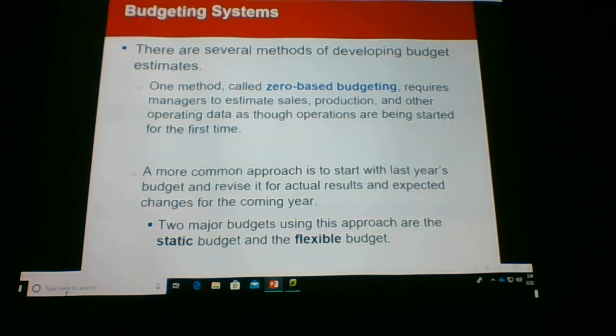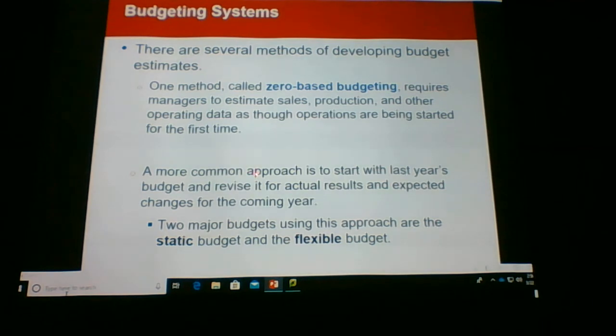And so it says zero-based budgeting requires managers to estimate sales as though we're starting over for the very, very first time. What we're implying here with this concept is that historical data is really not as useful as maybe it has been in the past to us. So in rare situations, we will use this concept of zero-based budgeting.